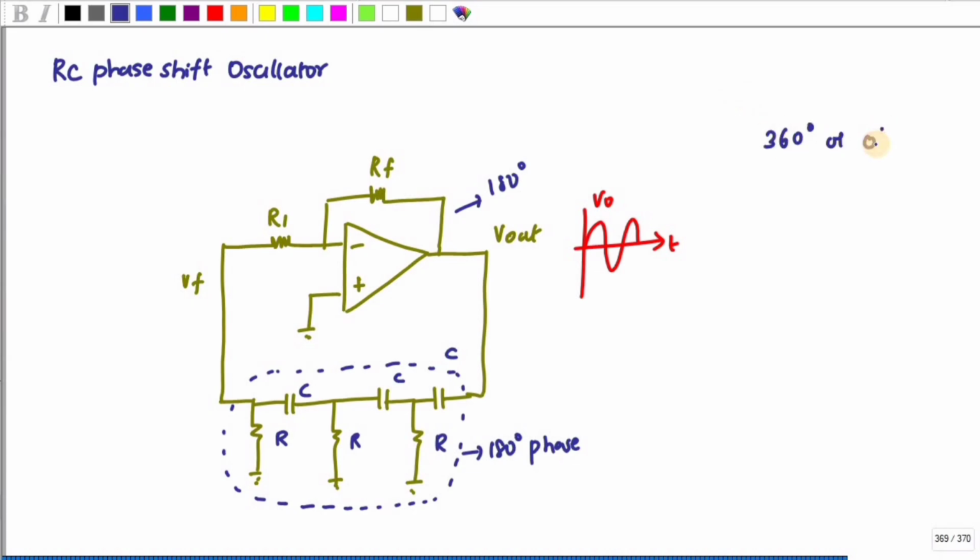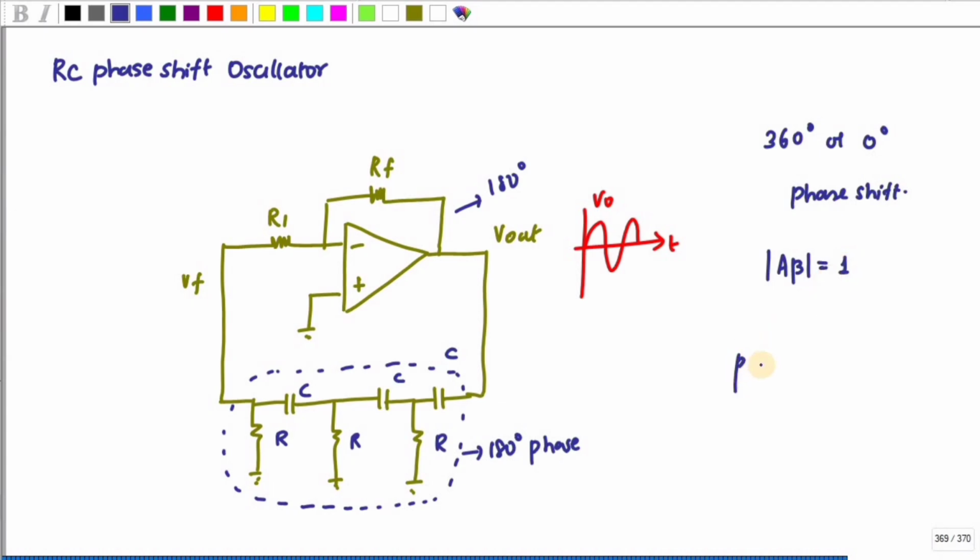So 360-degree, I can write it as 0-degree phase shift. And in order to have an oscillation, since we are producing a sine wave at the output, the condition is Barkhausen criteria, magnitude of A beta is equal to 1.